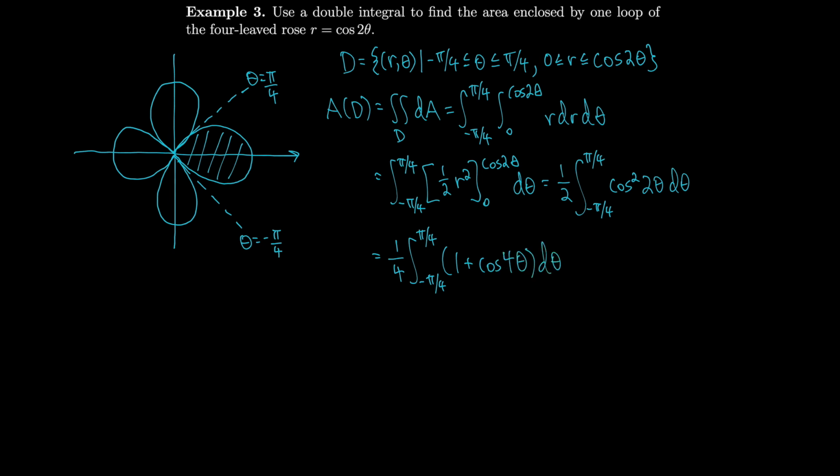And then you can think, okay, yeah, this does work as a half angle identity, because when I go backwards, I do get half my angle. And this is just 1/4 theta plus 1/4 sine 4 theta when we do our antiderivative, evaluated from minus pi over 4 to pi over 4. And doing the math, we just get pi over 8.